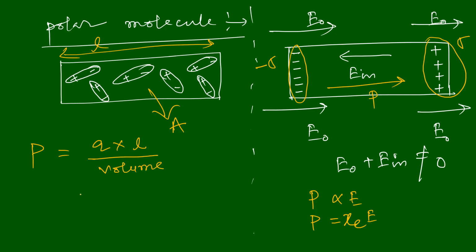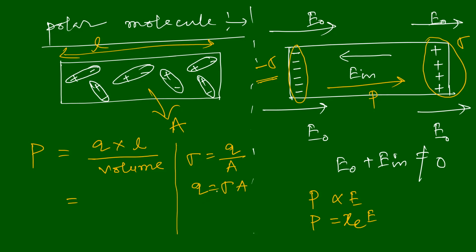Now this should be modified. The surface charge density sigma equals the charge present per unit area, right? At the extreme left portion, the negative charge present per unit area is the surface charge density minus sigma. So Q equals sigma multiplied by A.